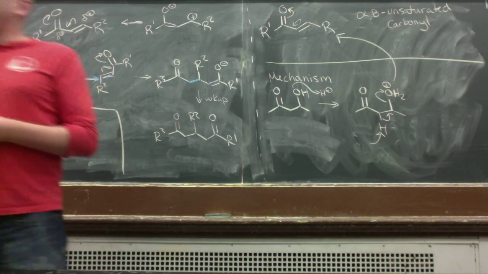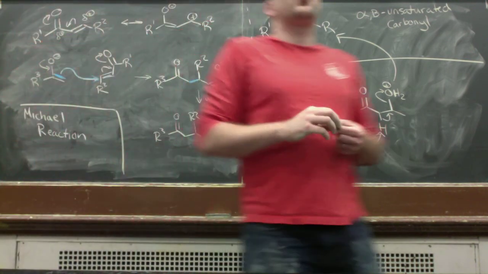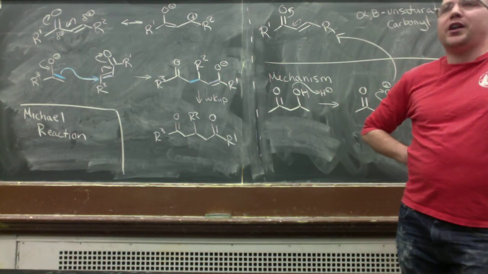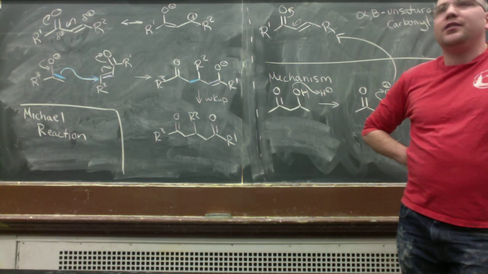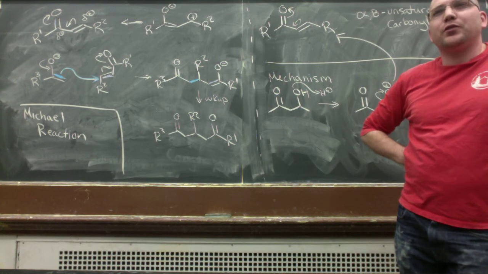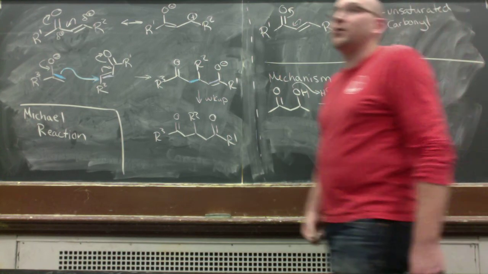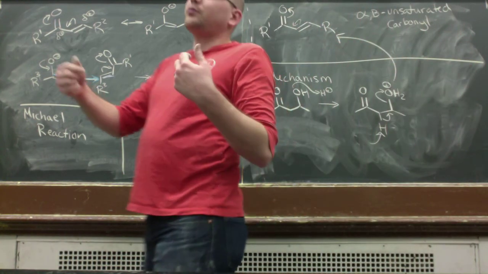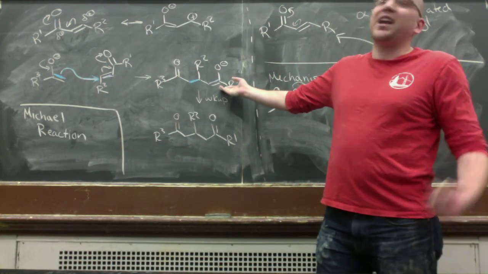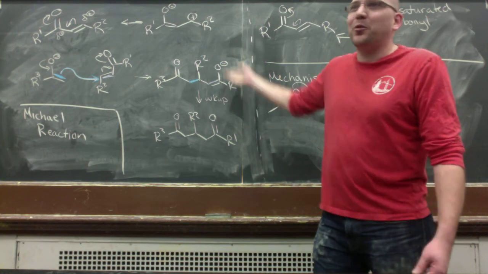So workups, after every reaction you do, the workup is formally the final step. Say, for example, when you ran a Grignard reaction, you have an alkoxide at the end, and generally we don't want to work with charged molecules at the end. It's more difficult to do. Oftentimes we wash away salts in the aqueous layer. You guys have done aqueous extractions. But again, even if you took this and added it to water, it's going to protonate.